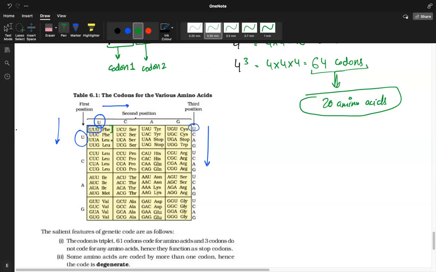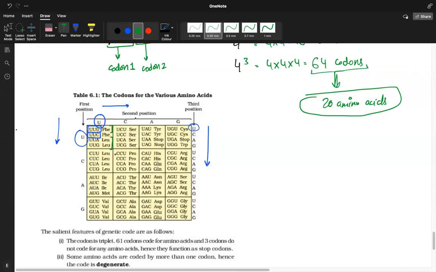For phenylalanine, there are just two, so two different codons can code for it: either UUU or UUC. But if it is UUA or UUG, that will not code for phenylalanine, but for leucine.